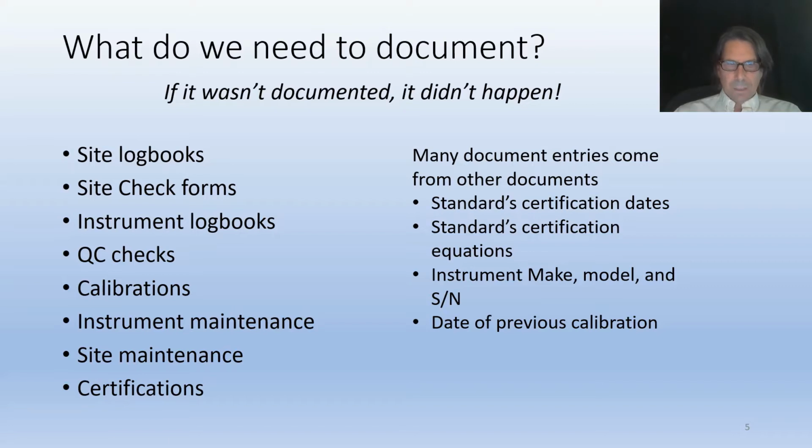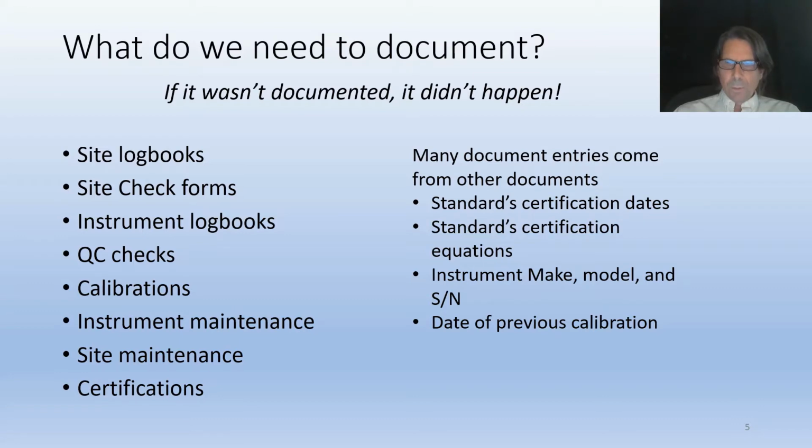And it's going to vary a little bit from monitoring organization to monitoring organization. And you might note that there are many entries from one document that come directly from another document. For example, if you're doing an ozone multi-point calibration, the photometer you're using as your level 2 or level 3 standard in performing that calibration has a certification date, and in the case of a level 3 standard, a certification equation that needs to be applied to the photometer's response.